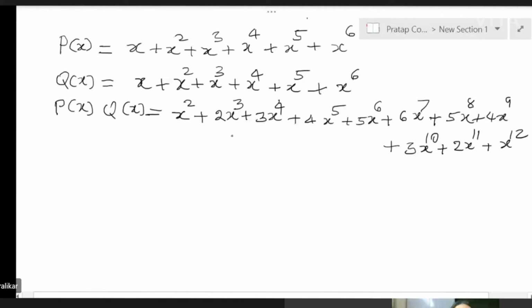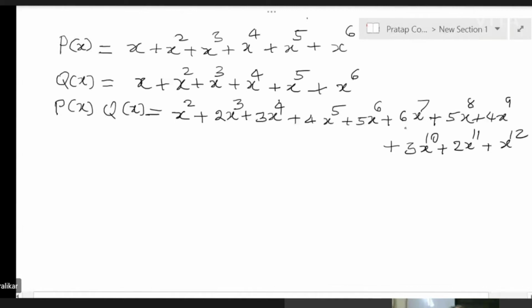Also, the sum should be the same, 2, 3, 4 up to 12. Not less, not more. The sum has to be between 2 and 12, and each sum has to appear exactly in the same number of ways as it does here. Now do you see slowly the advantage of the equivalent problem?